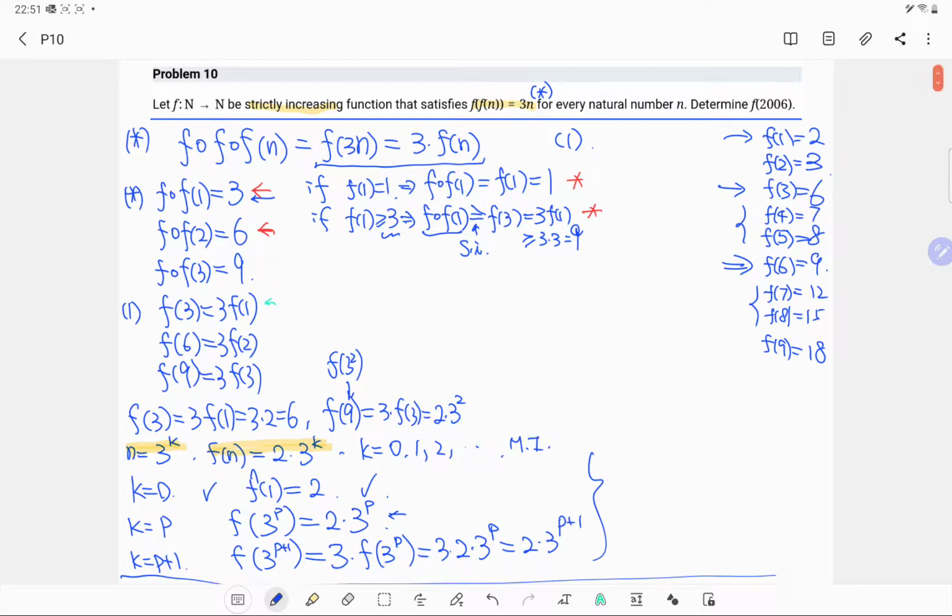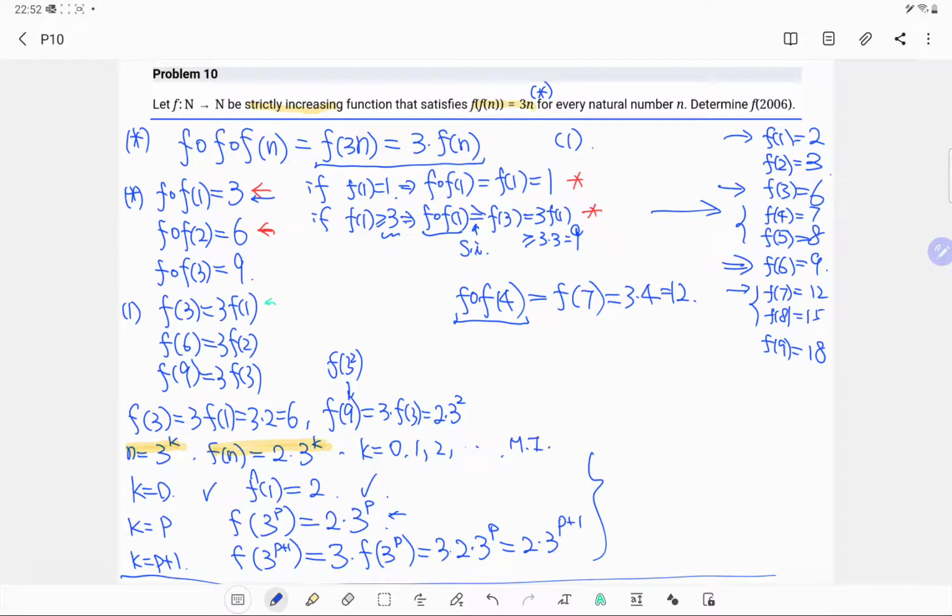Why? We can see that f of 4 is 7. So f of 4 is 7, and if we take f of both sides, according to the original equation, if we pick n equals 4, then f of 7 should be 3 times 4 equals 12.